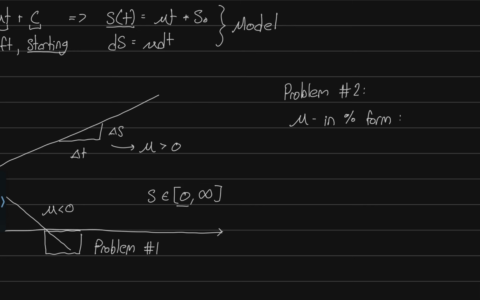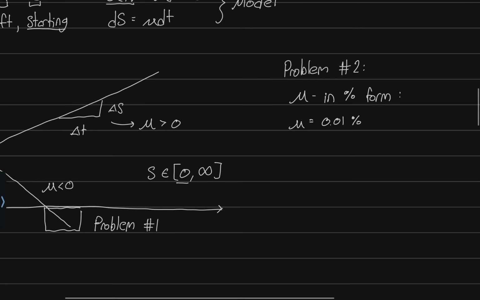So what that means is if, let's say, my mean returns is going to be 1%, and my initial stock price is going to be at 100, then at my first time index, my stock price is going to be 100 plus 1% of 100.